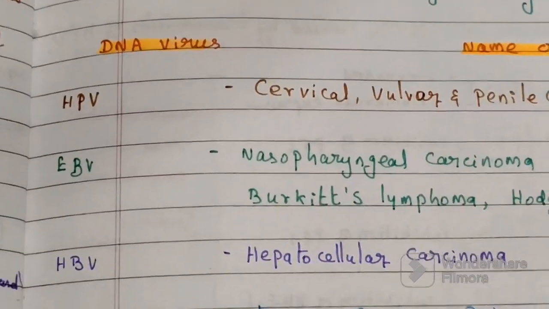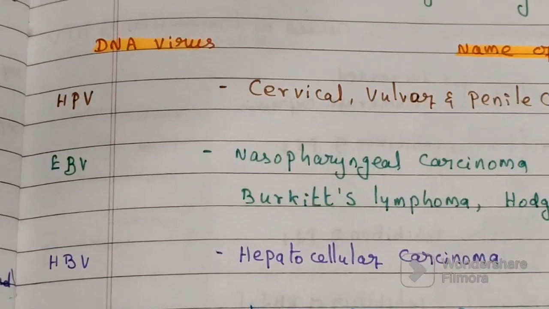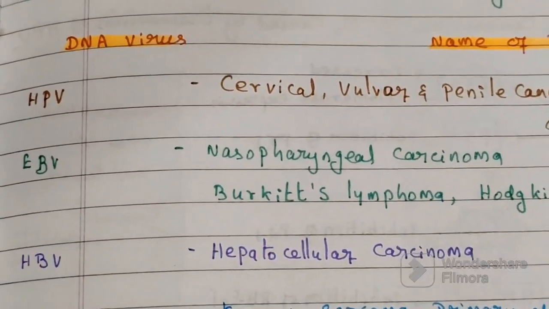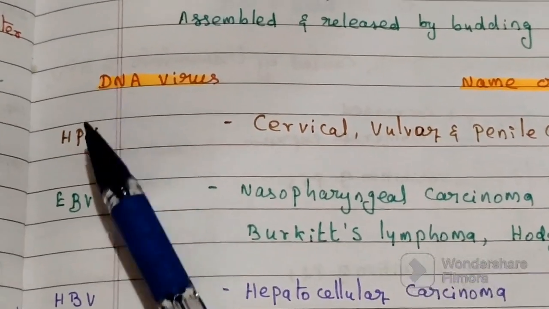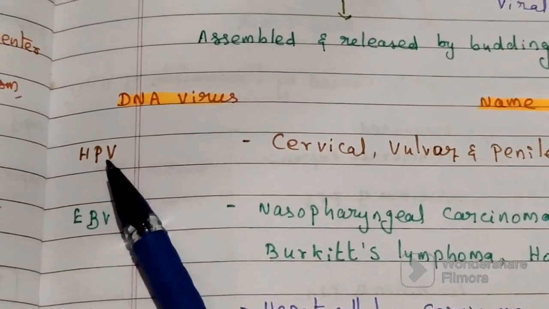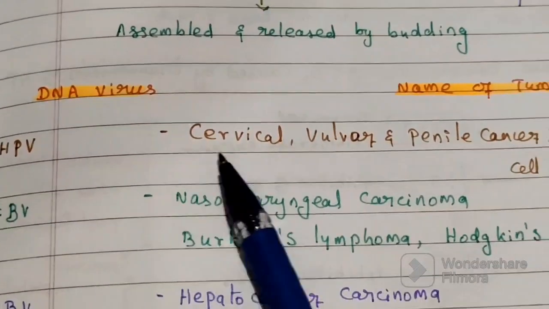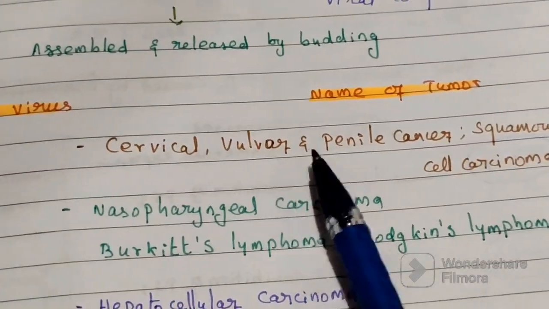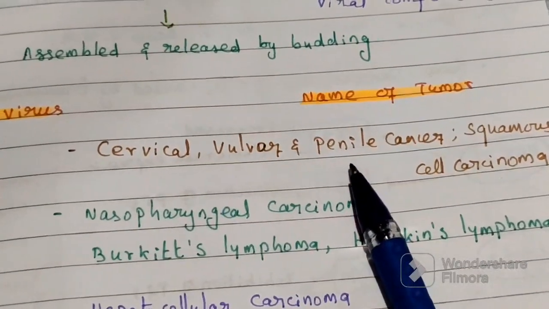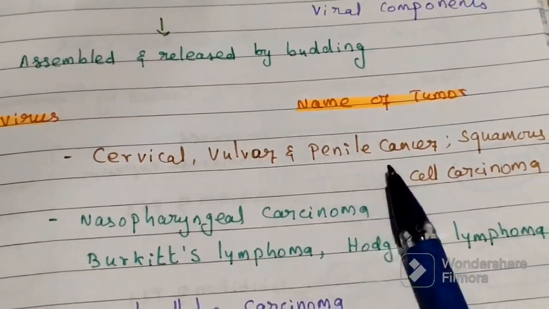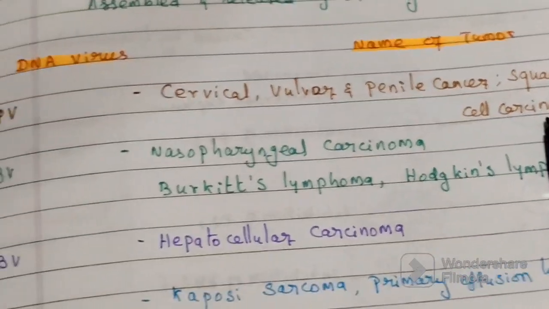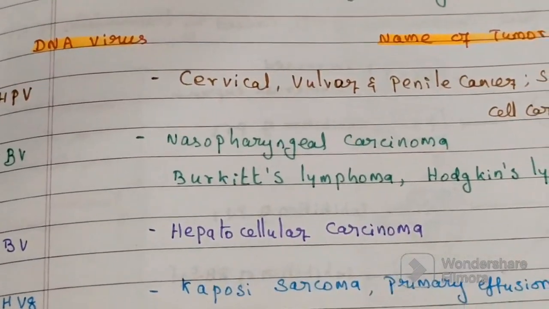Now, six DNA viruses and the names of the tumors. First one is human papilloma virus, HPV. It causes cervical, vulvar, penile cancer, squamous cell carcinoma. Then Epstein-Barr virus.